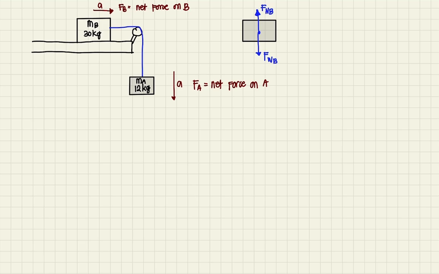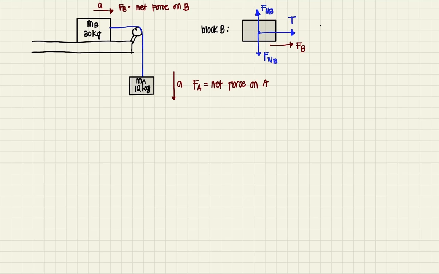And we have the force directed towards the right, which is the tension of the string. The net force is directed towards the right, that's F of B, which shows us that the tension of the string on block B is simply equal to the net force acting on block B. This is block B.